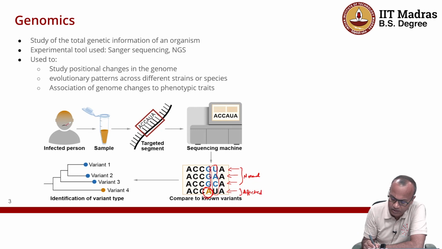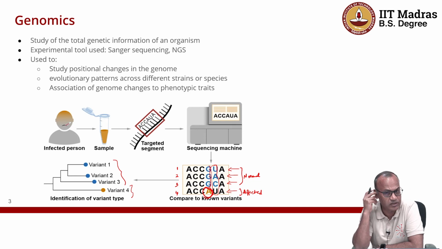what you see is that this A variant mutation, instead of a G, so instead of guanine there is adenine in this sequence. It allows us to say that 1, 2, 3 are similar, but number 4 is very different, and maybe this is the cause of why this patient is diseased.